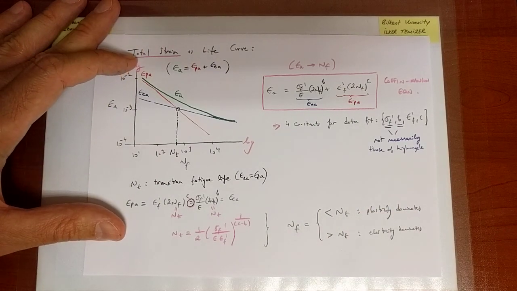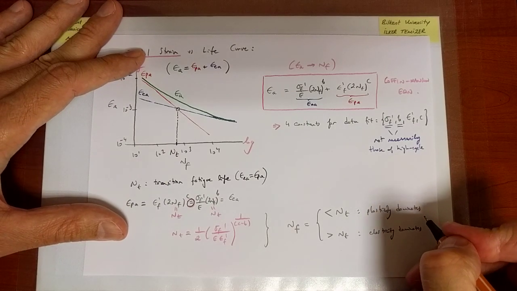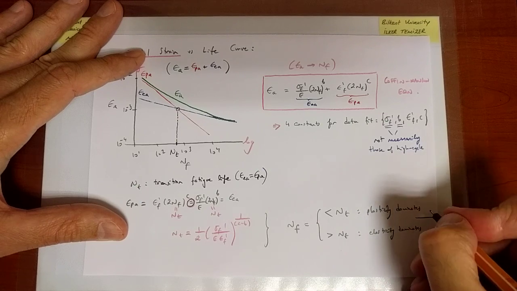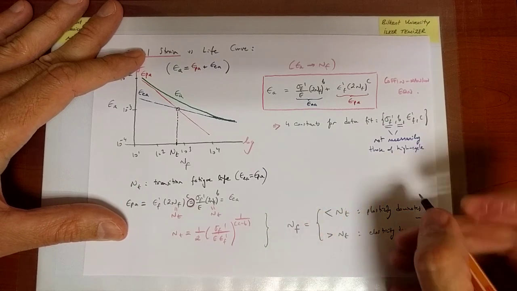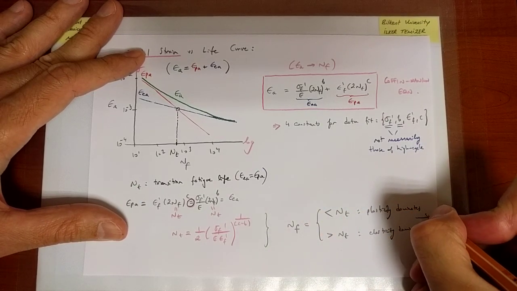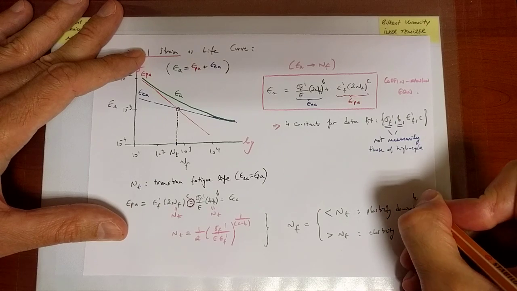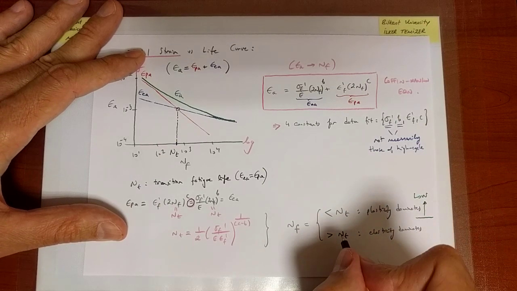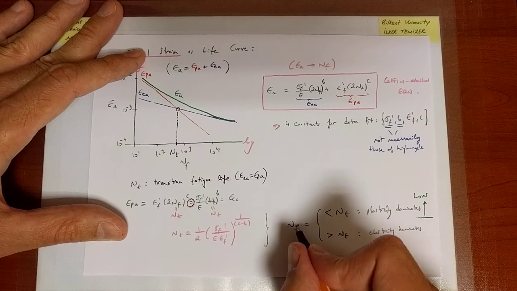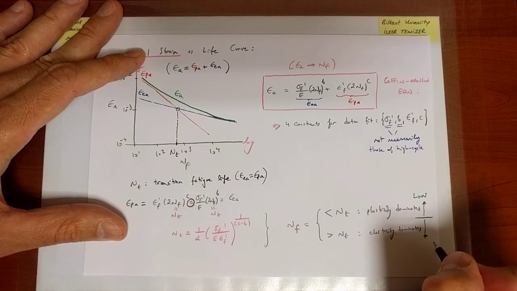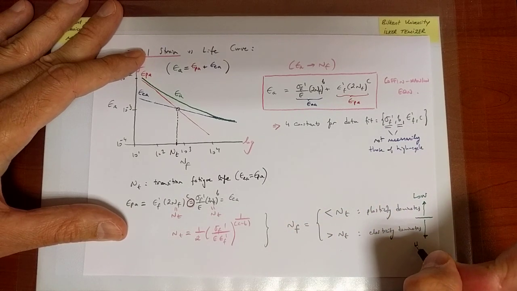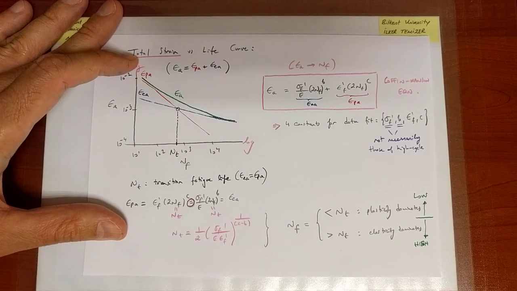So one says, therefore, that if NF is much less than NT, we are going towards low cycle fatigue, or if elasticity dominates, in other words, if NF is larger than NT, then we're talking about high cycle fatigue.